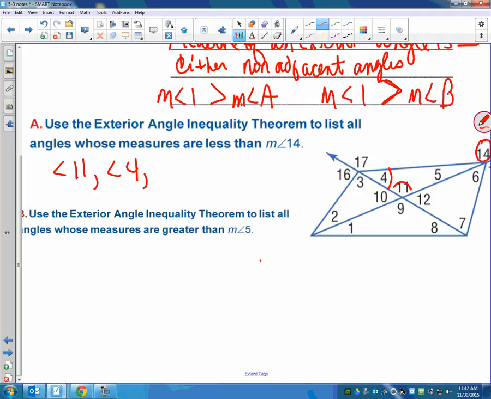But someone said 9. Why can we say 9 for sure? Vertical angles have to be true, right? So we can say angle 9.